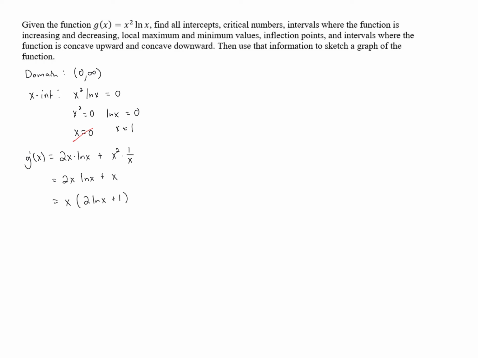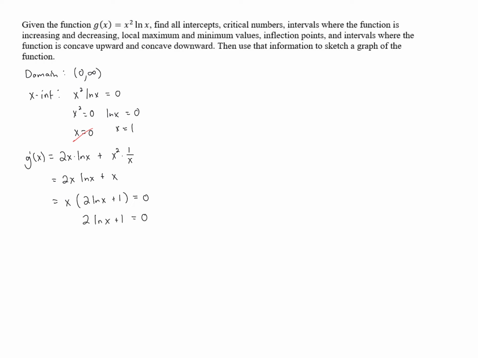And the only place this is undefined is where the original function is already undefined. So we don't have to worry about critical numbers arising from the derivative being undefined, but the derivative could equal 0. And that could happen when x equals 0. But again, that's not part of the domain, so we ignore that, and we focus on the second factor equaling 0. So we need 2 ln of x plus 1 to equal 0.